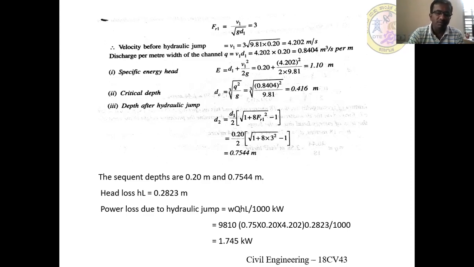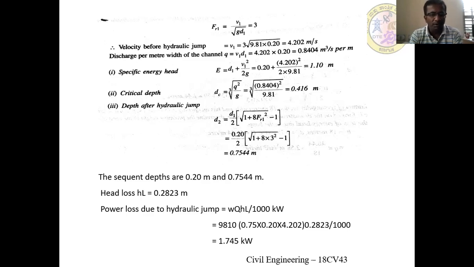So the depth after the jump, using the formula D2 equals D1 by 2 into square root of 1 plus 8 F1 square minus 1. We know D1 and F1; substituting, we get 0.7544. It is greater than Yc. This satisfies the conditions of a hydraulic jump.